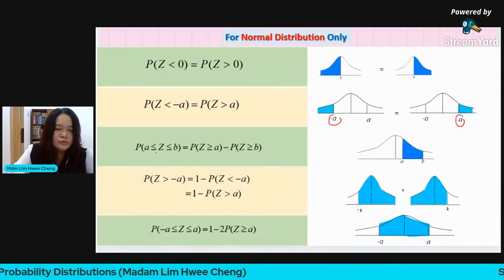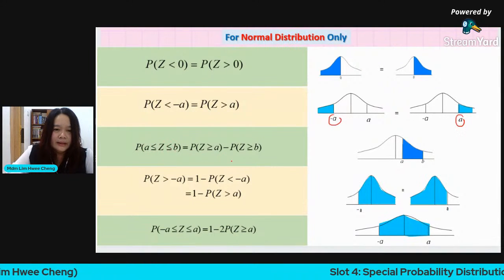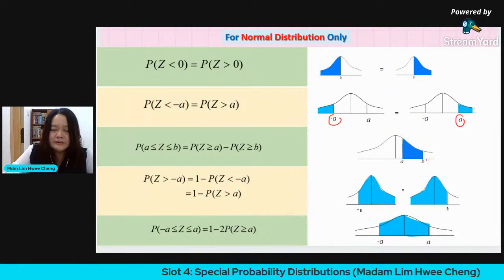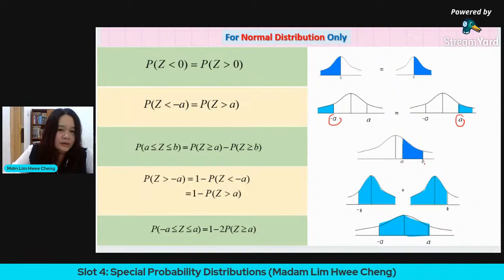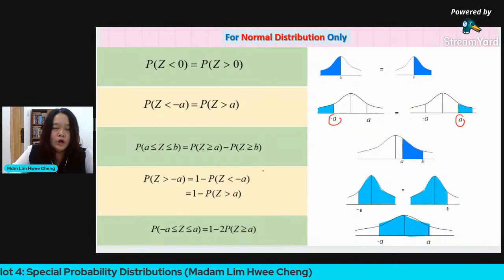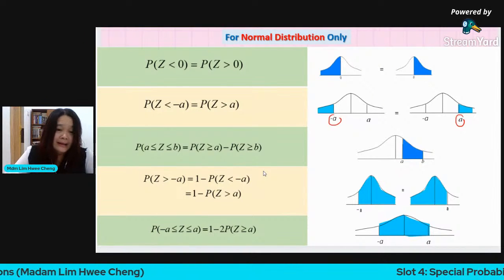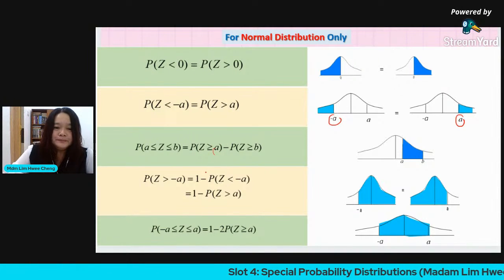If you want to evaluate the probability z greater or equal than a, less or equal than b, you may use the probability of greater or equal than a, subtracted by the probability z greater or equal than b. Of course, for a continuous distribution, we know that there is no equal sign, so it is not included.